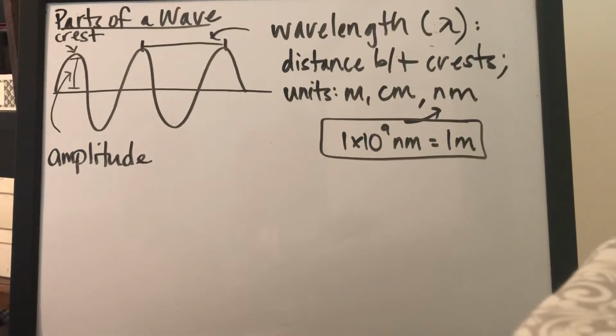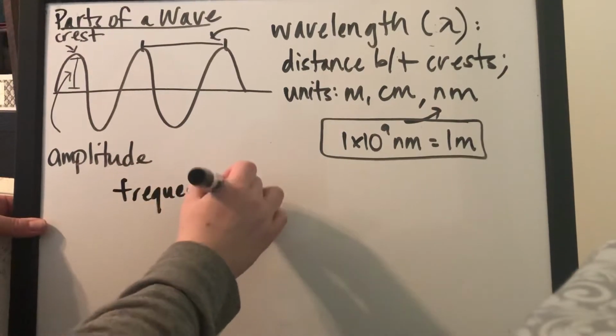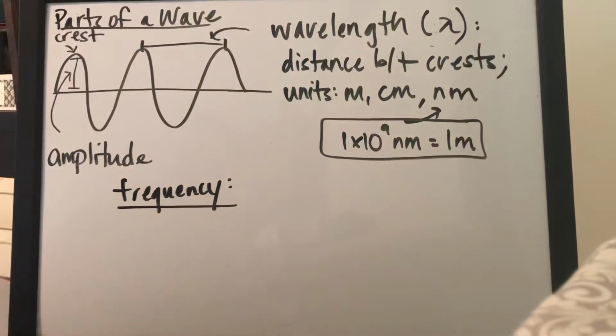The only other part of a wave that we haven't talked about is a little bit harder to understand, and that is something called the frequency. It's not really capable of being labeled, so I will define and then describe frequency to you.